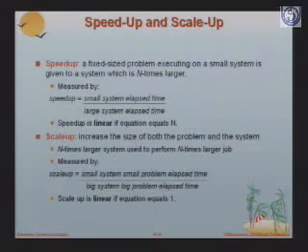In speed up, a fixed size problem executing on a small system is given to a system which is n times larger. It means that something I can do in a small time unit, for example the same task which can be done in 5 minutes, I want to do in 1 minute.